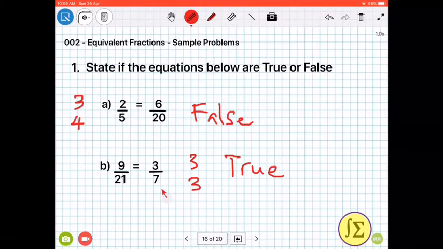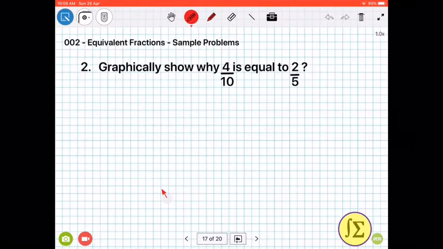Okay, another problem. Graphically show why 4 over 10 is equal to 2 over 5. As mentioned in my first lesson, it's always easy to show fractions using a rectangle.